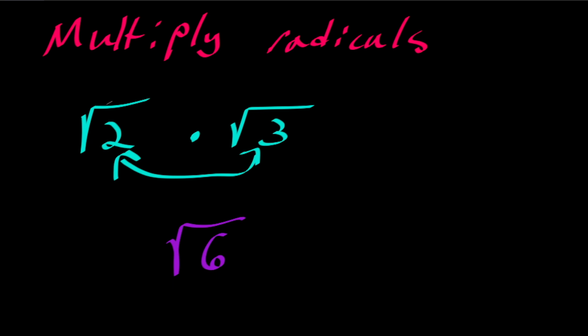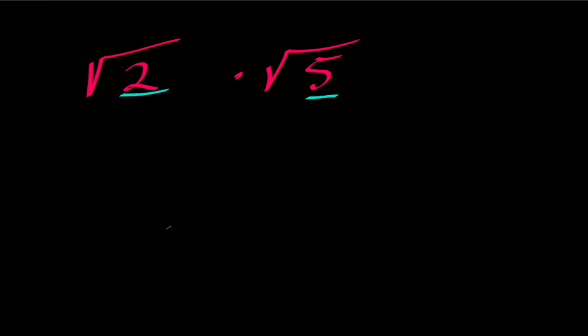Let's look at another example. Let's say we have the square root of 2 times the square root of 5. Once again, we're going to multiply what's underneath the square root, which is 2 times 5, which is 10, but we're going to keep our answer under a square root. We could do the same thing with a cube root.